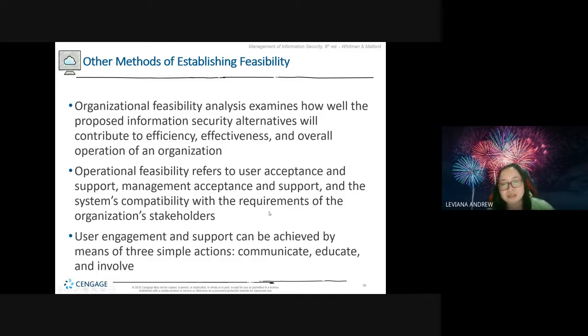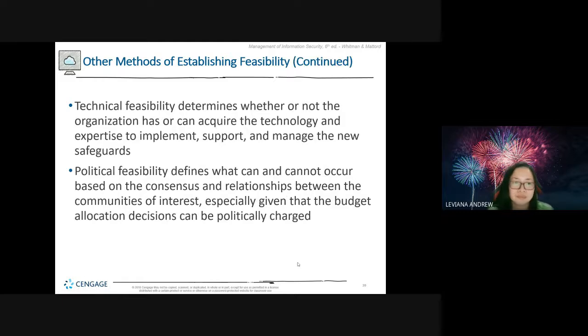User engagement and support can be achieved through communication, education, and involvement. Technical feasibility determines whether the organization has the capability to acquire the technology, and has the expertise to implement, support, and manage the new safeguards. Political feasibility determines what can and cannot occur based on the consensus and relationships between the communities of interest.